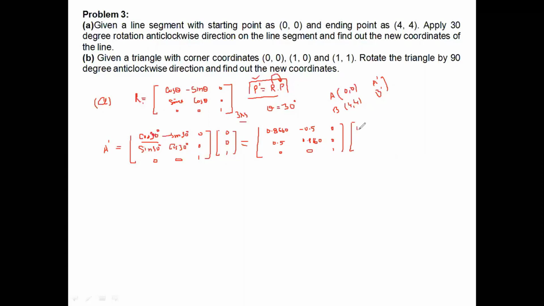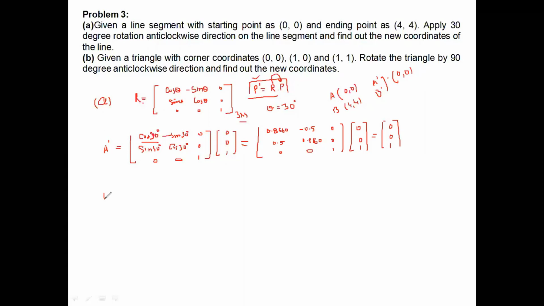After multiplication you get this. So A dash is 0 comma 0. The point remains the same.